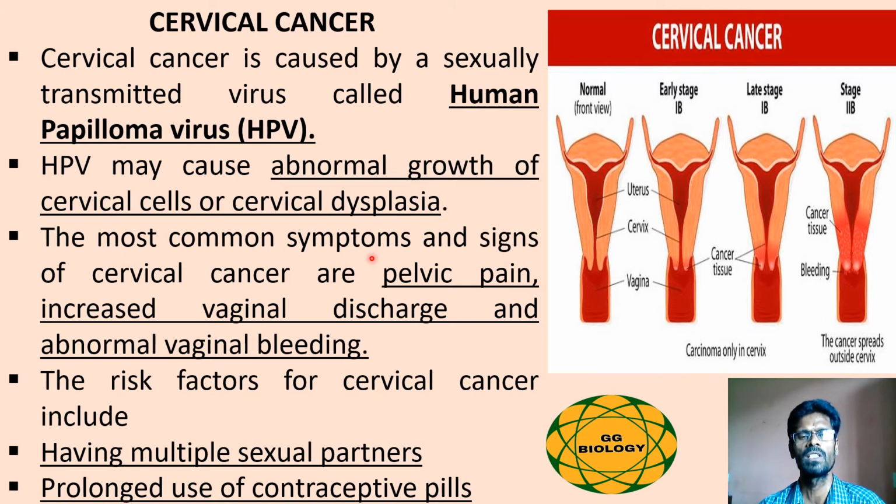The most common symptoms of cervical cancer are pelvic pain, increased vaginal discharge and abnormal vaginal bleeding. The risk factors of cervical cancer include having multiple sexual partners and prolonged use of contraceptive pills. These two factors lead to cervical cancer.